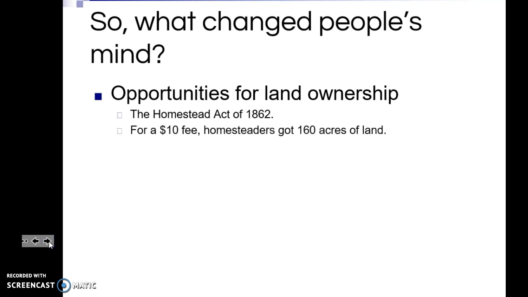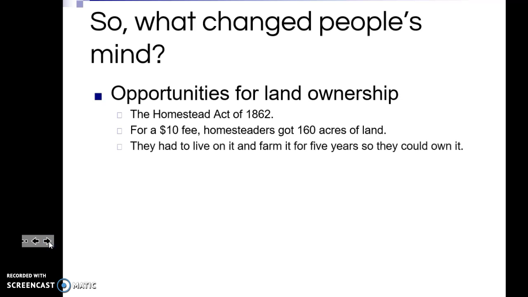And they provided some incentives for people to settle the land out there. For a $10 fee, homesteaders got 160 acres of land. That's a lot of space. They had to live on it and farm it for 5 years so they could own it. So that is what encouraged people to settle the West and think of it as a place that could be settled.